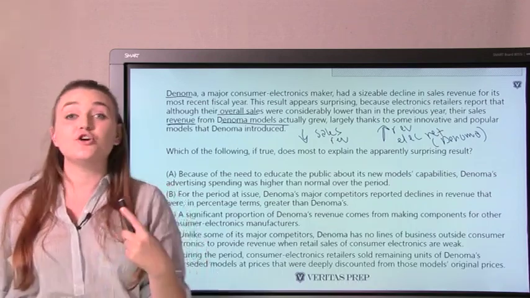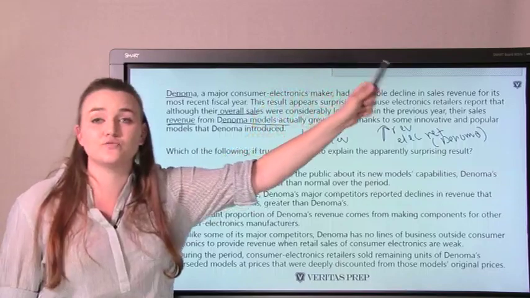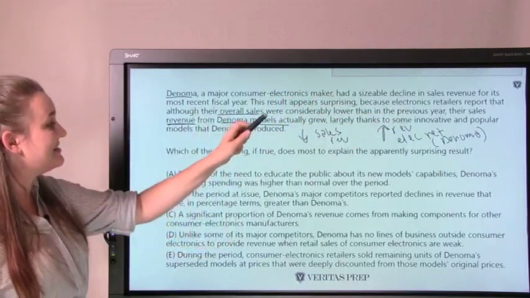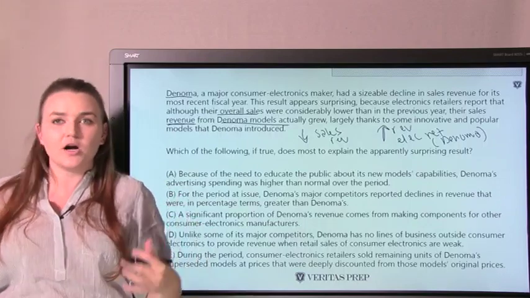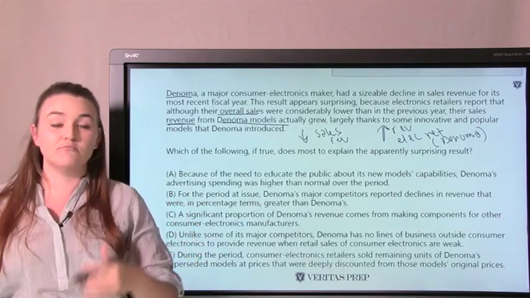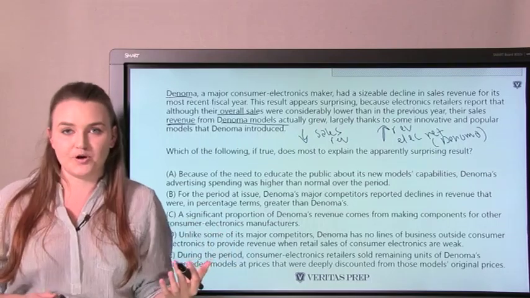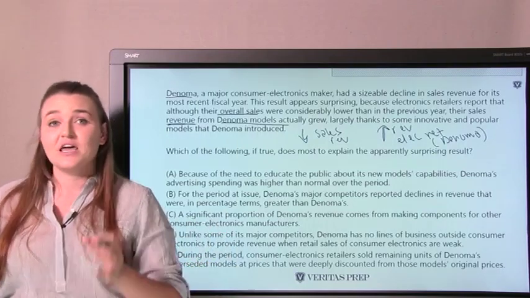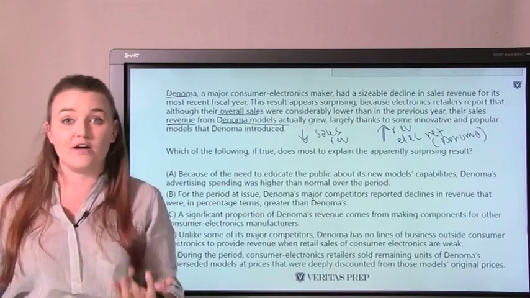It doesn't address their overall decline in sales revenue. Regardless of whether it was more units at a discounted price or fewer units at a higher price, that actually doesn't matter to us if what we're speaking to is revenue as opposed to elements like profit.